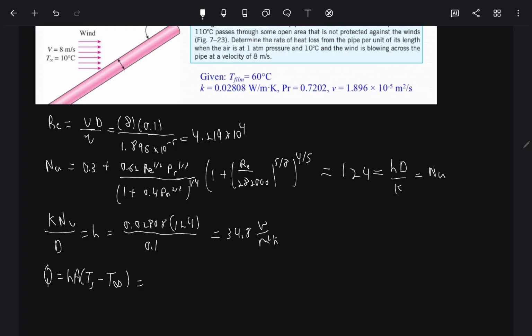So we have h. What is A? Well, area is the total surface area of this cylinder that the wind is hitting. Normally the total surface area of a cylinder includes the two ends as well, but we just care about the perimeter. We know that the perimeter of a circle is 2 pi r or pi d.